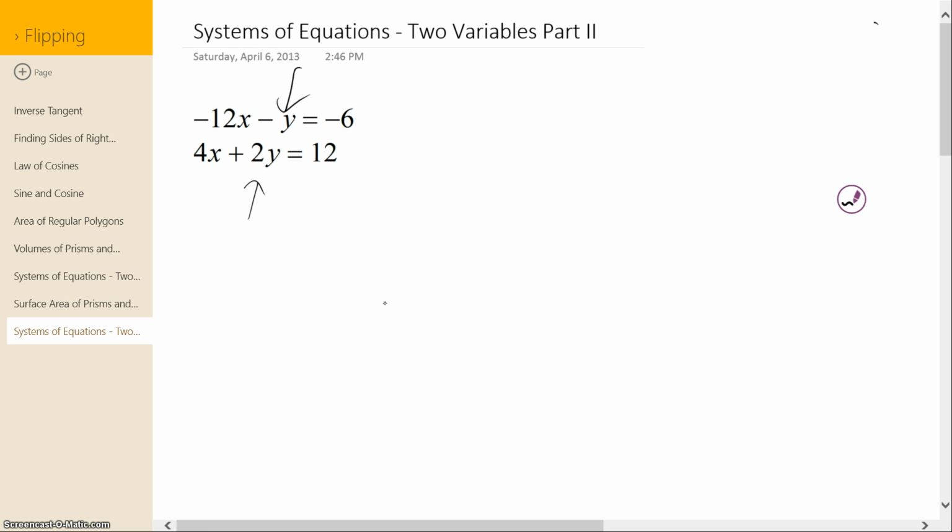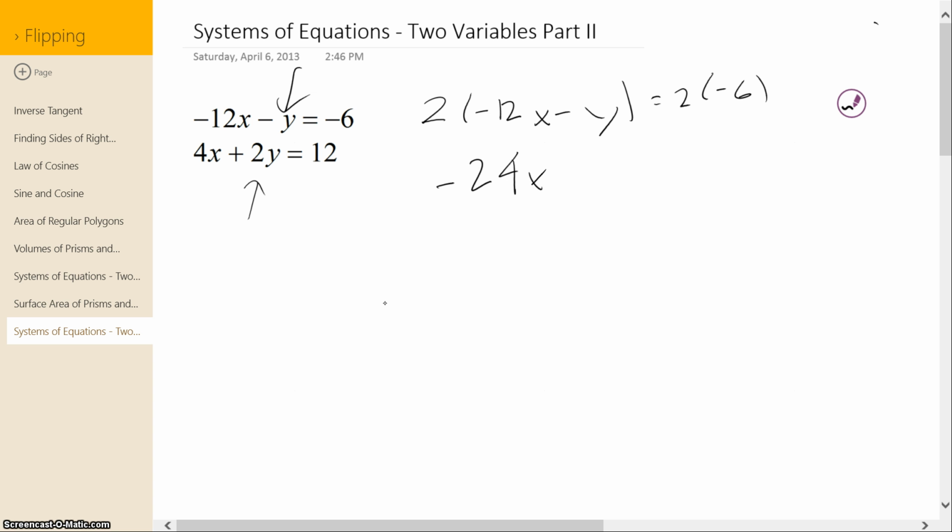I'm going to take 2 times negative 12x minus y, and it's equal to, I have to multiply the right side by 2 as well, because it's got to stay even. Let's distribute. This becomes negative 24x minus 2y equals negative 12.